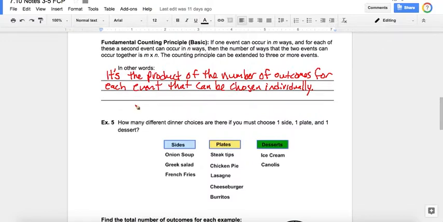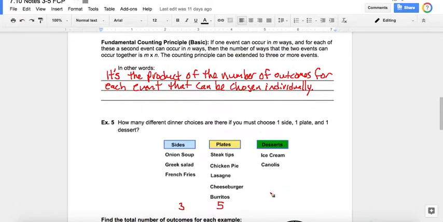So let's use that strategy to figure out example number 5. It says, how many different dinner choices are there if you must choose one side, one plate, and one dessert? So we have to choose one of these, and one of these. So we need to count the different possibilities. So how many sides are there? 3. How many plates are there? 5.